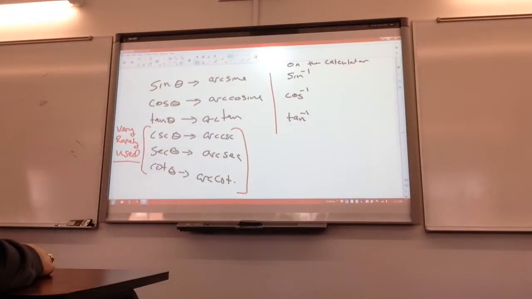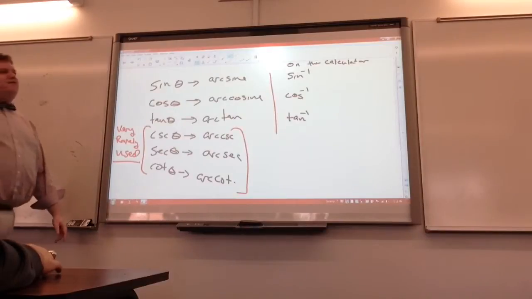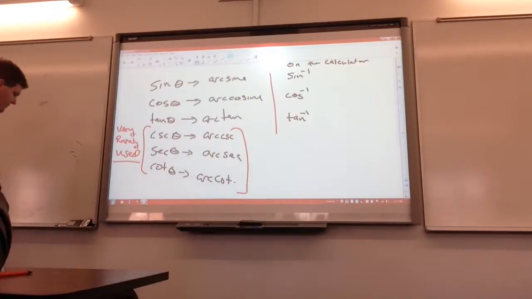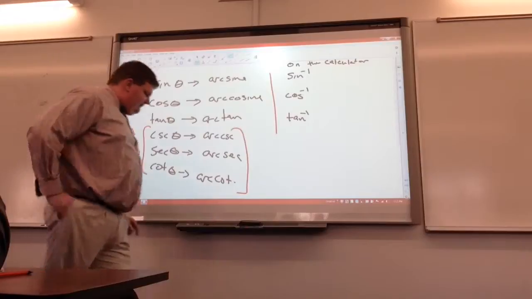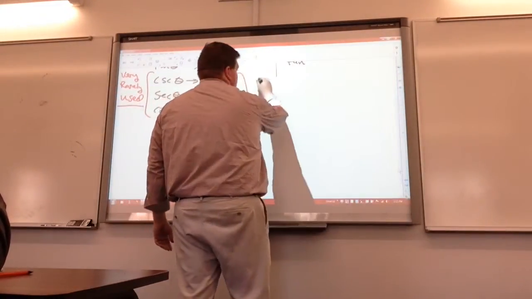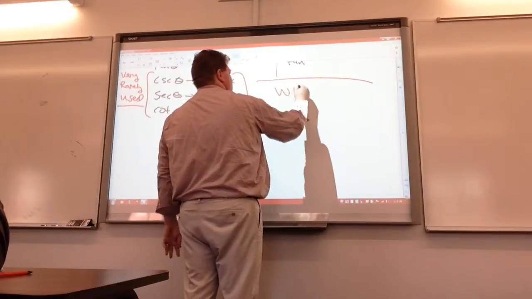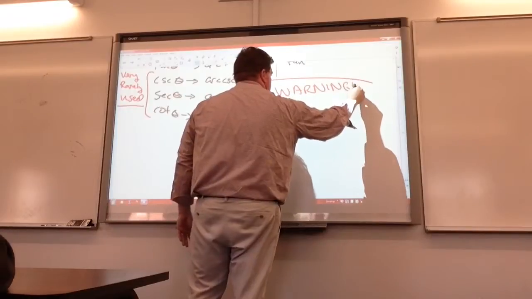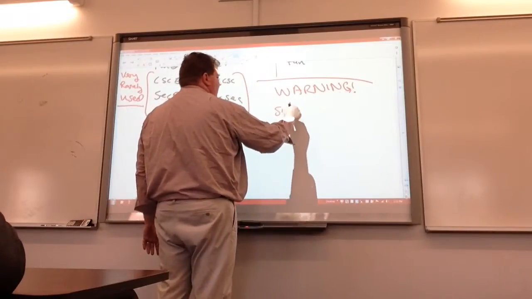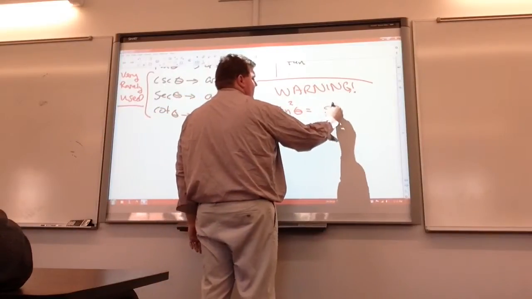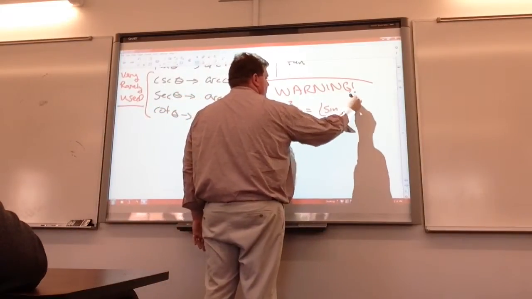But just realize on the calculator, they do this to save space. It's bad to think of it in terms of that, though, and as a warning to you all, if you saw the sine squared of theta, that's equal to the sine of theta squared.